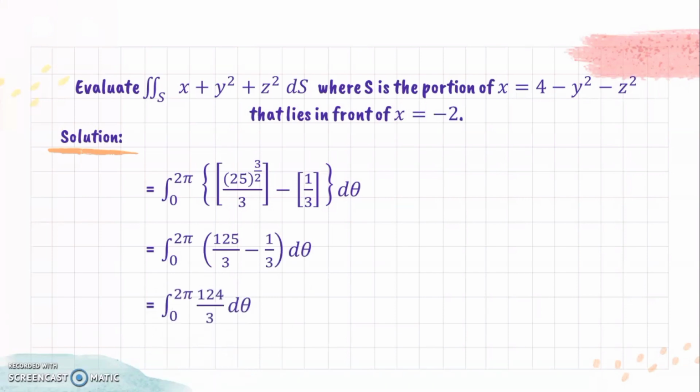So we arrive at having the definite integral of 124 over 3 d theta evaluated from 0 to 2 pi.